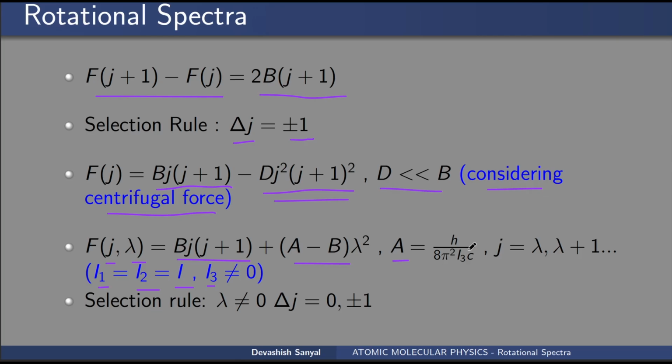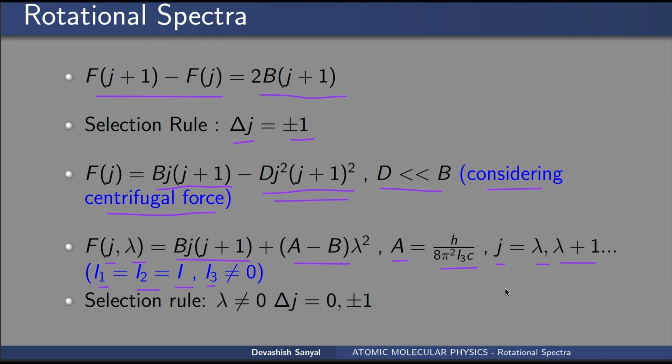So this is h by 8 pi square I3c, and j here is limited by the values of lambda. So j can be only greater than or equal to lambda. So j can take the values lambda, lambda plus 1, etc. So below lambda you don't have any value of j.